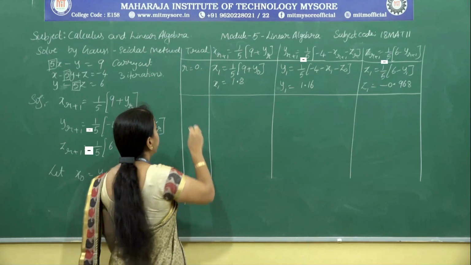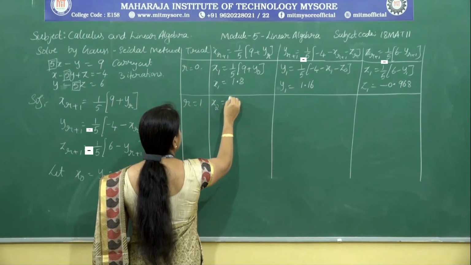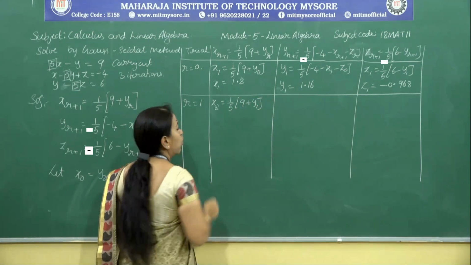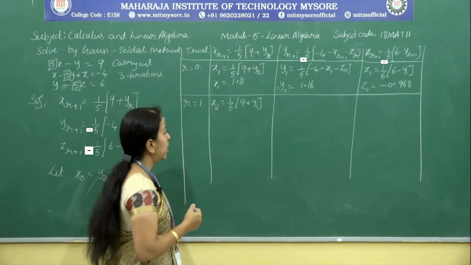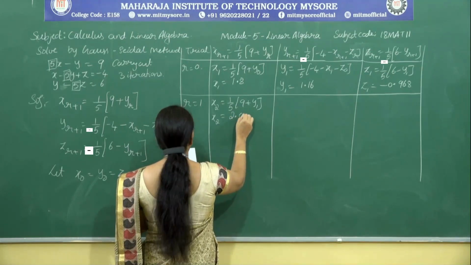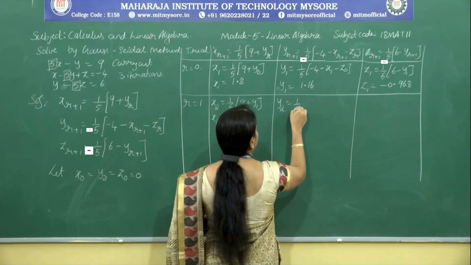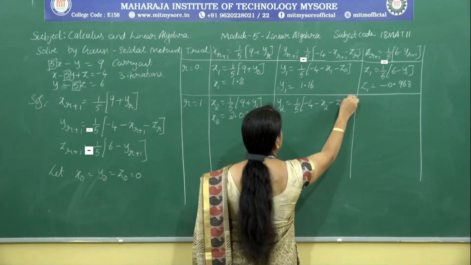Then the second trial is r equal to 1. So x2 is 1 by 5 into 9 plus y1. You already calculated y1, right? So use that y1 and substitute and simplify, so that I will get x2 as 2.032, and y2 is 1 by 5 into minus 4 minus x2 minus z1.